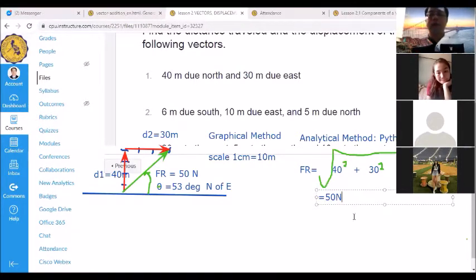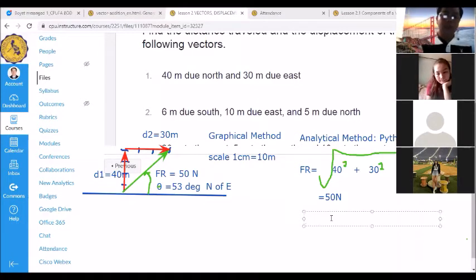Now our angle, this time around, will be in terms of tangent of theta. Tangent of theta is described as opposite over adjacent. So our opposite side is 40 divided by 30.